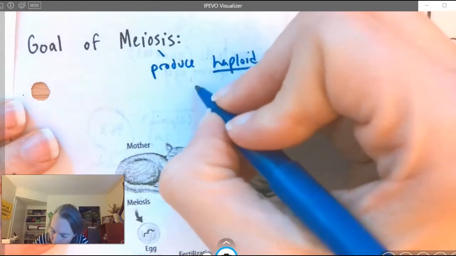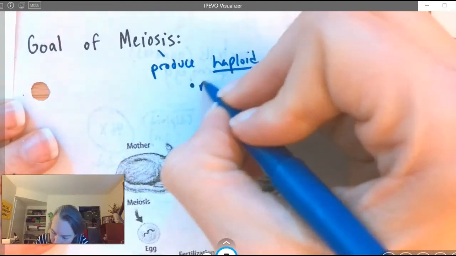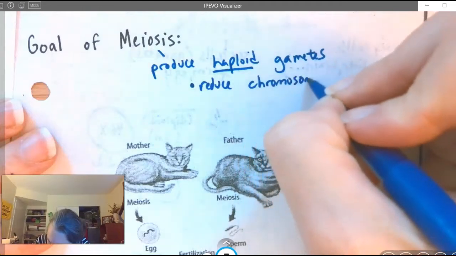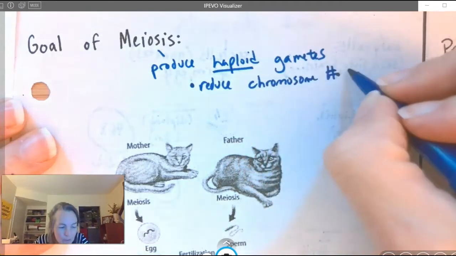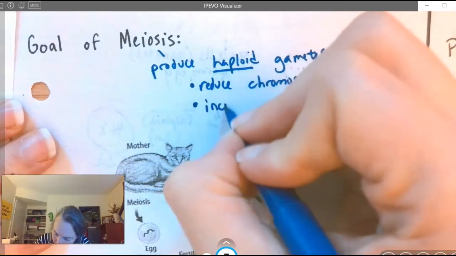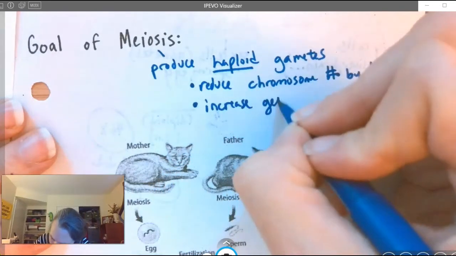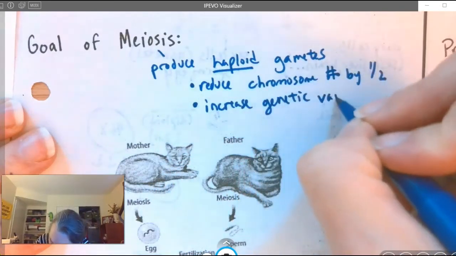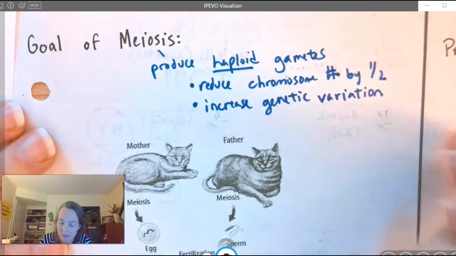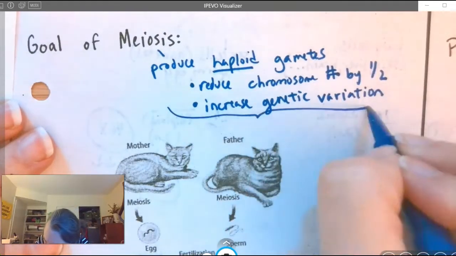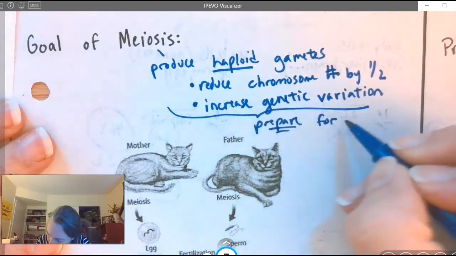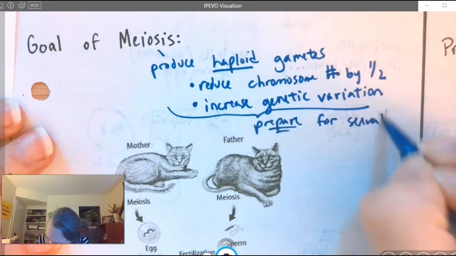To do that, we need to reduce the chromosome number by 1/2, and we also want to increase genetic variation. And why do we want to do these things? We want to do these things to prepare for sexual reproduction.